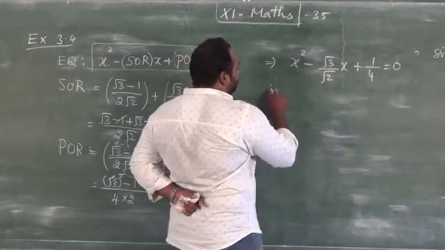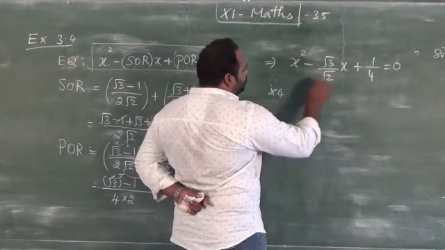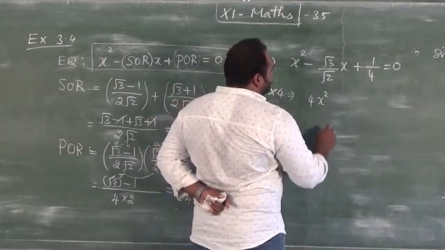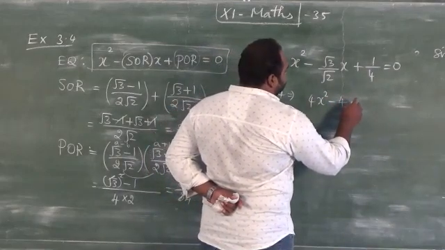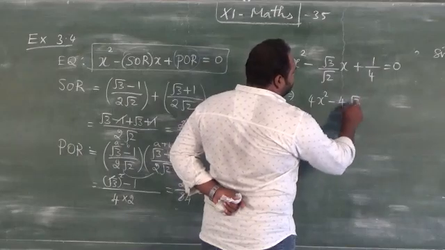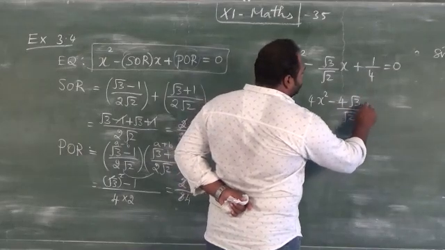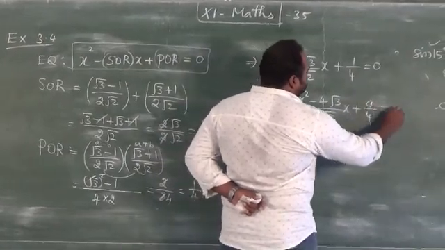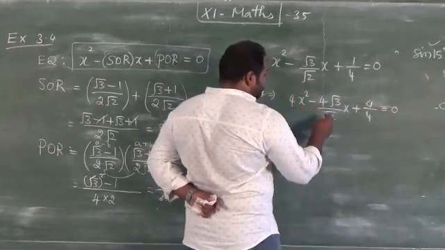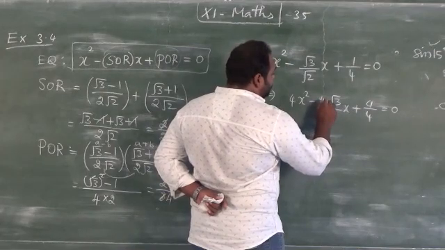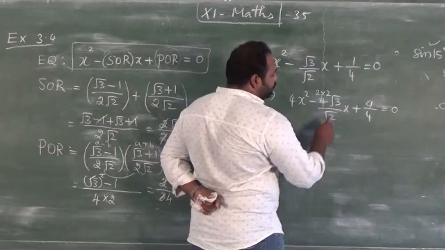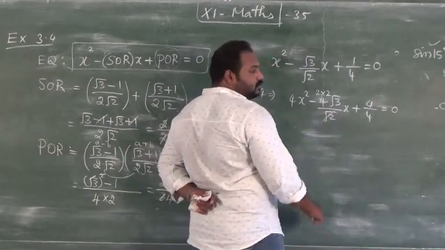Here I am going to multiply by 4 throughout the equation. What will happen? 4x square minus 4 root 3 by root 2 x plus 4 by 4 equal to 0. This 4 can be written as 2 into 2. So one root 2 will be cancelled.